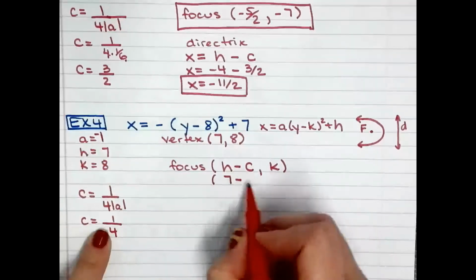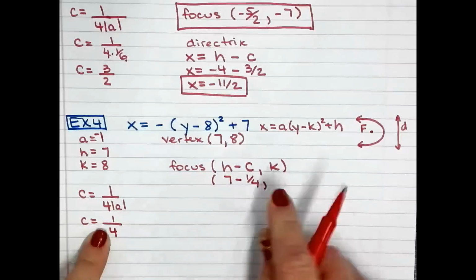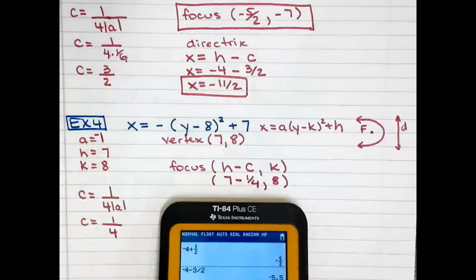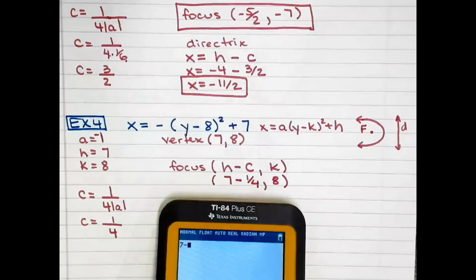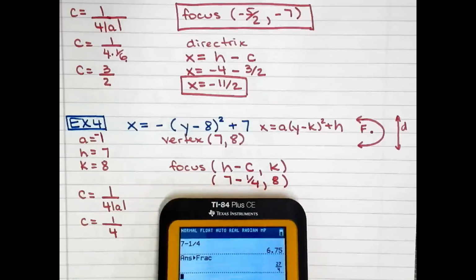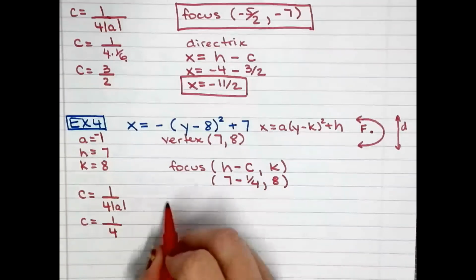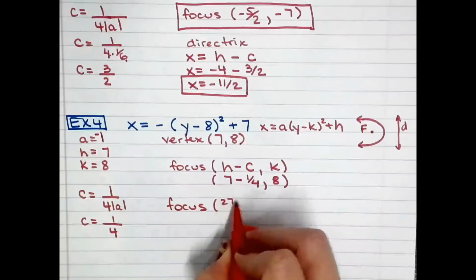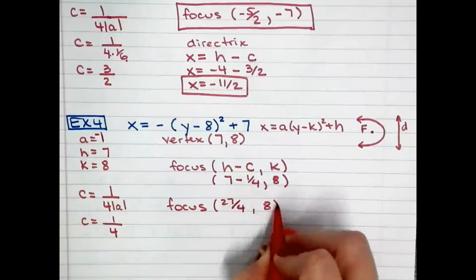Okay, H is 7, C is 1/4, K is 8. So 7 minus 1/4 is 27/4. So the focus is 27/4, 8.